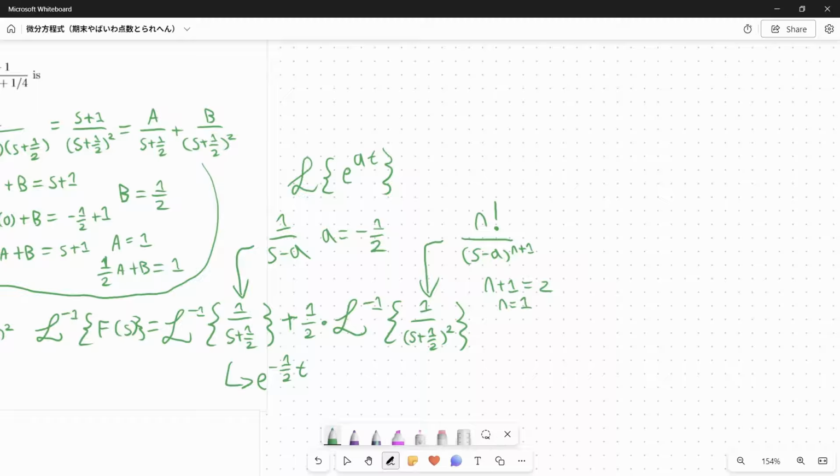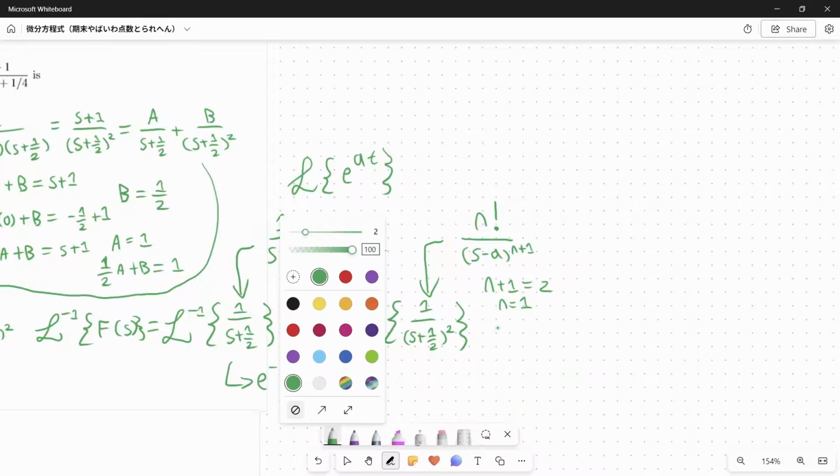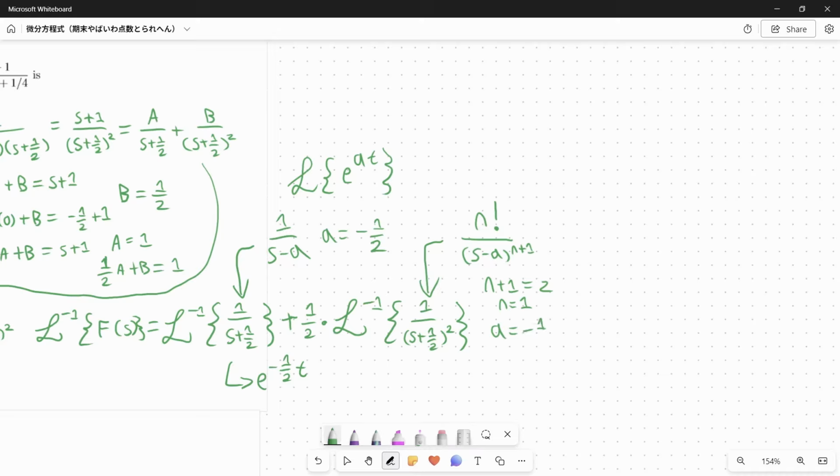And then similar to the first part, a is just going to be equal to negative 1/2. And then it's n factorial, because we know that n is 1 and 1 factorial is 1. So we can deduce again that a is equal to negative 1/2.